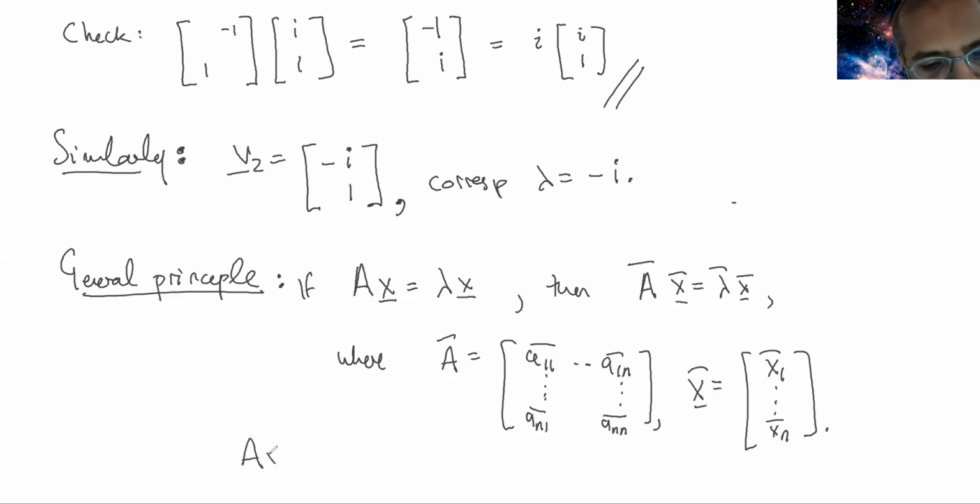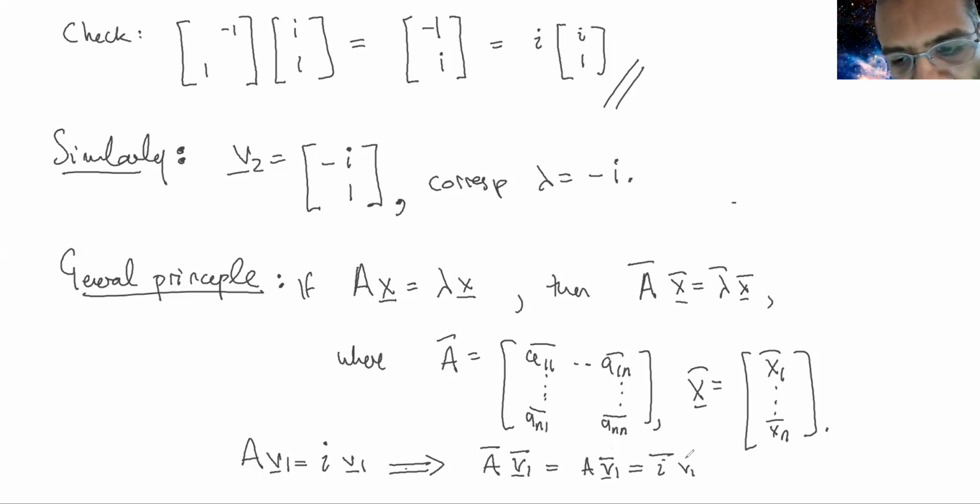well, here we know A V1 equals lambda 1 V1, where lambda 1 is equal to i. So that implies that A bar V1 bar, now A is real, so that's just A V1 bar, must be equal to i bar V1 bar.